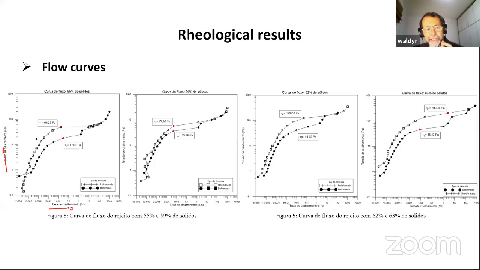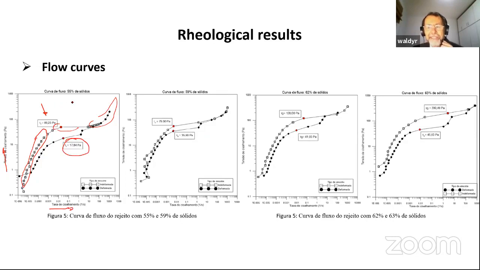You have this beginning of the test where the material just deforms, okay? Then it starts to have large deformation, and then maybe it's going to flow. And this here is very important. From the flow curve, I can get the yield stress. You see the number here, 60 Pa. This is for the undisturbed sample. For the disturbed sample it was 17. So see the big difference here.